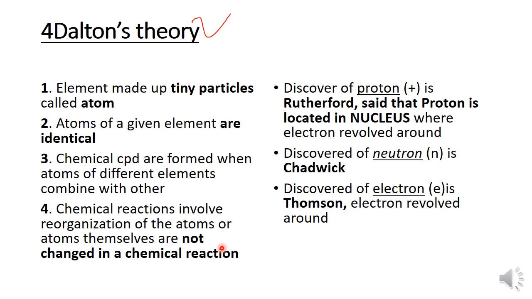Then, for the discovery of the proton, Rutherford says that the mass and the protons are concentrated, or located, in a nucleus. Here we have this proton; this is the nucleus.